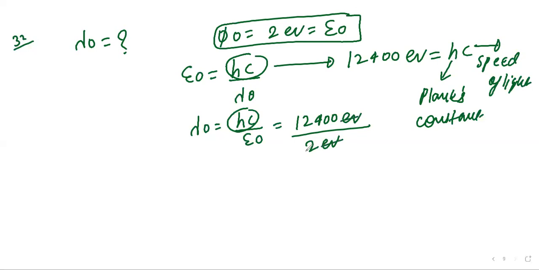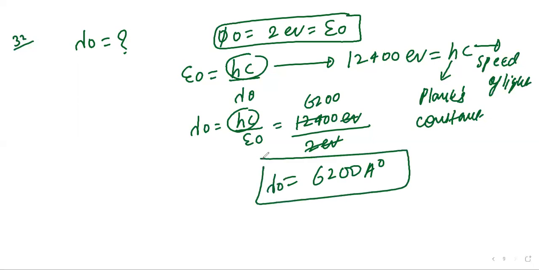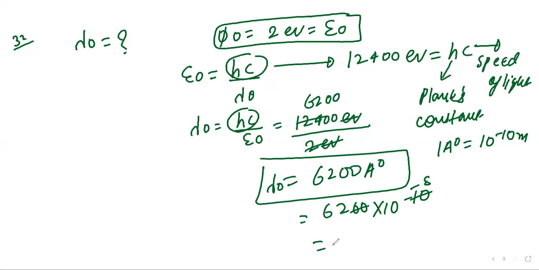After solving, you are getting how much? 6200. So this much angstrom is the threshold wavelength. And as we know, one angstrom is 10 raised to minus 10 meter. Write the value here: 6200 into 10 raised to minus 10, which is minus 8. Convert into 10 raised to minus 9: just multiply by 10 and divide by 10.